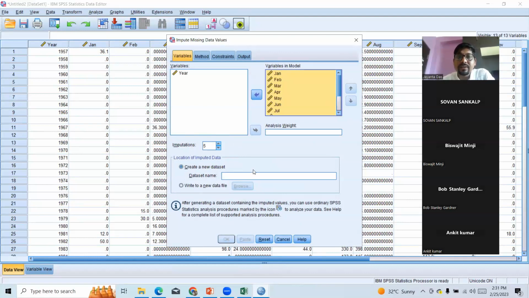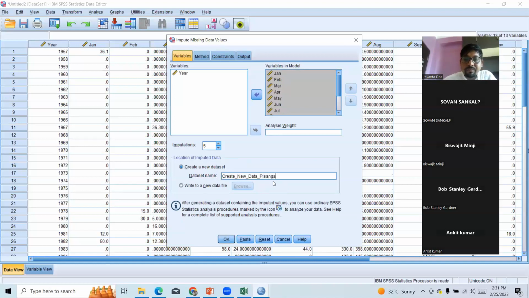Create a new dataset. Yes, I want to create a new dataset. So you can provide a name, or you can write a new data file. I want to give one name, create new data.